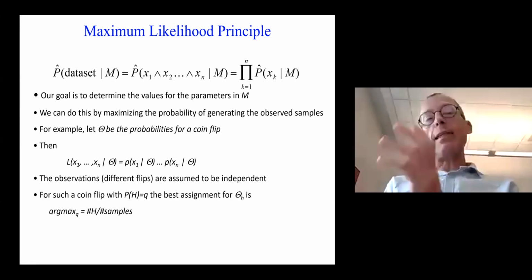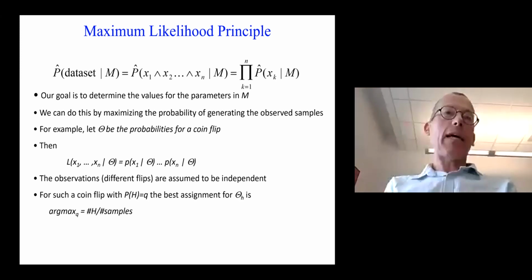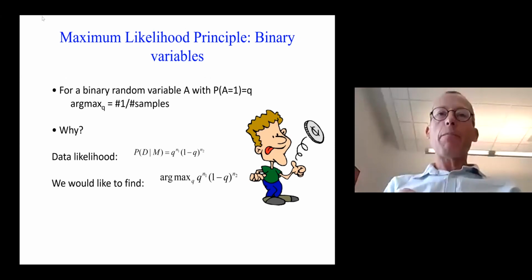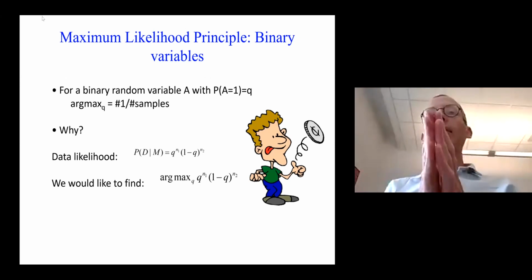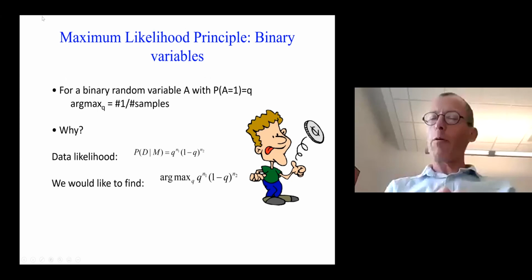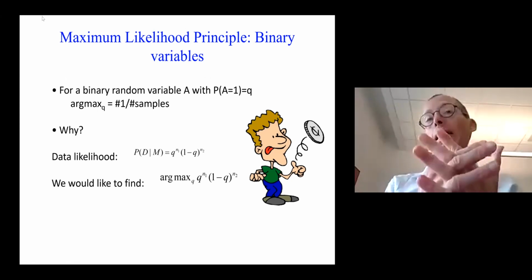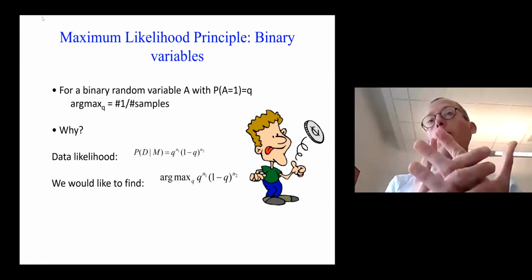We already said that the answer is to do the counts, but the question is, why is this the way to do the counts? In order to find the best solution for this problem, we really need to find the value that maximizes this probability.